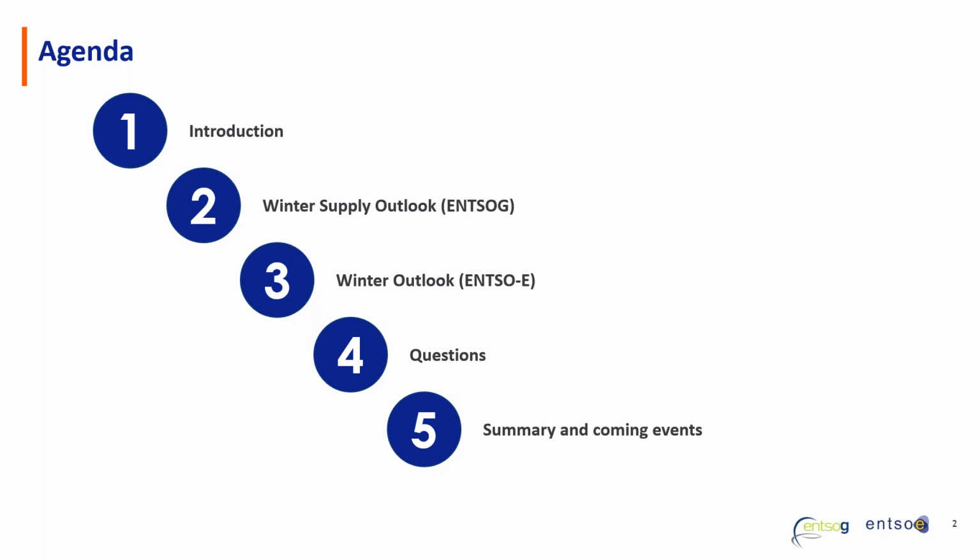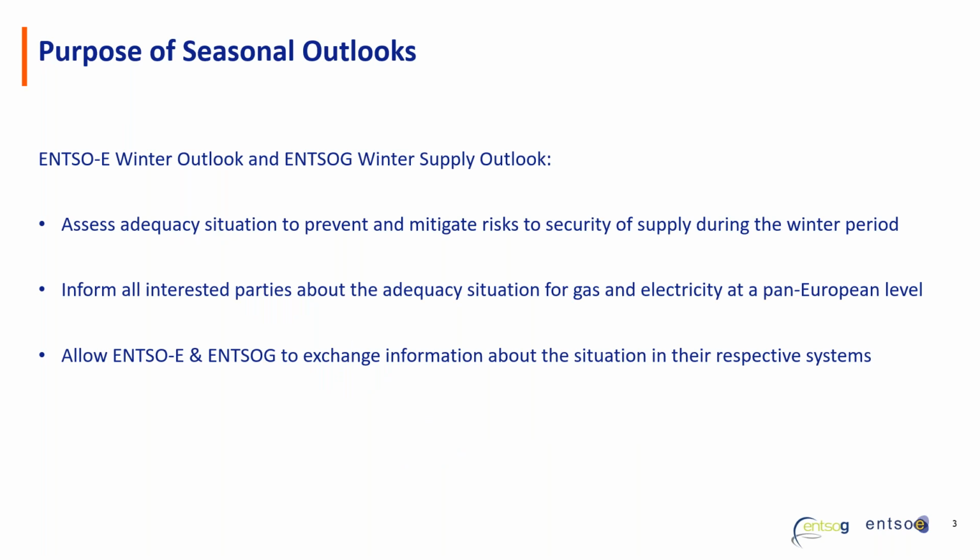some interesting events. So, just a word on the purpose, the objective of seasonal outlooks. ENTSO-E Winter Outlook and ENTSO-G Winter Supply Outlook help to assess the adequacy situation, to prevent and mitigate risks to security of supply during the winter period.